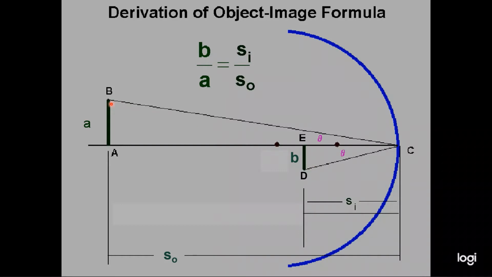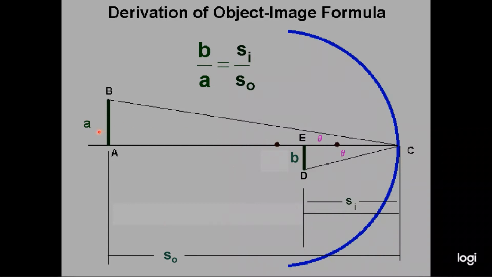So triangle ABC is similar to triangle DEC. We have two similar triangles. What that means is the ratio of B to A has to be equal to the ratio of S sub I to S sub naught.